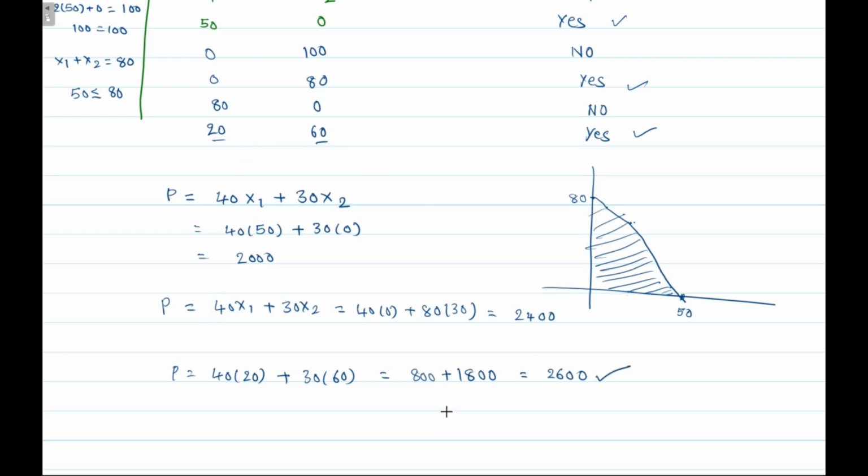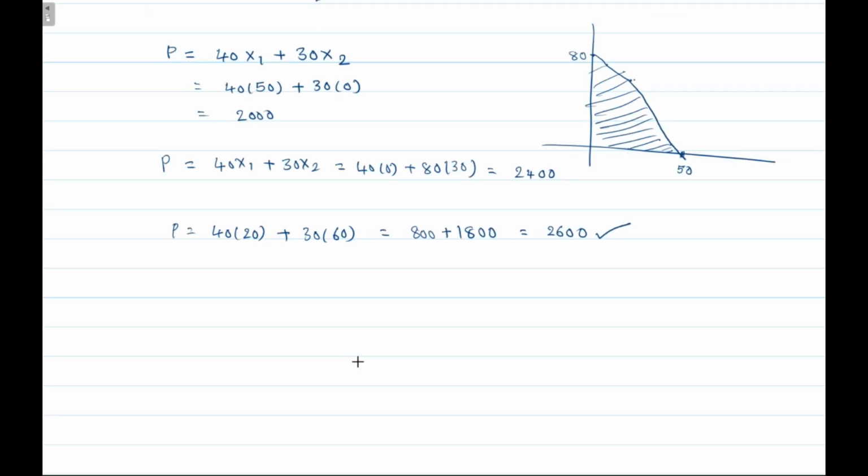So the best optimized solution for maximum profit is x1 equal to 20 and x2 equal to 60.